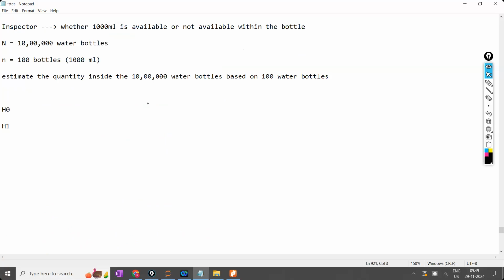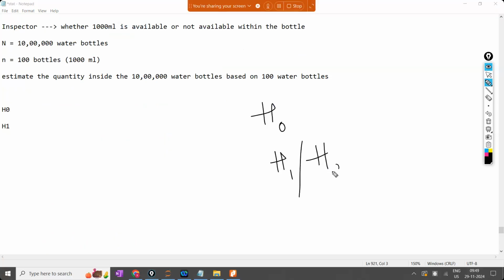Here I am writing H0 on the side, but you have to write it as a subscript. Alternate hypothesis can be given as H1 or HA. The choice is yours, either the number or the letter A. Now this is the null hypothesis.